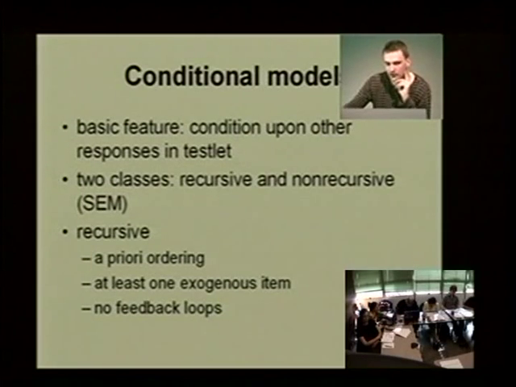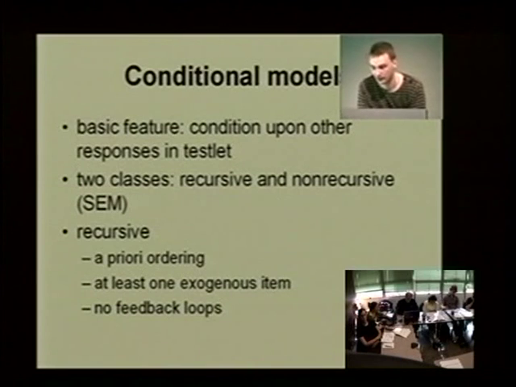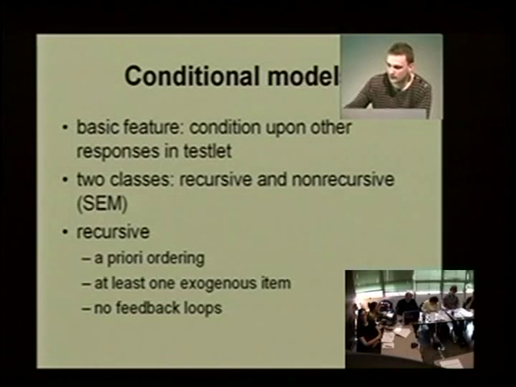So first, the recursive models. In the recursive models, you assume there is a kind of a priori ordering. For instance, if you think that there is learning in the test, and you start with item 1 and then go to item 2 and then to item 3, there is a kind of ordering that is present. The recursive models demand that there is at least one exogenous item, so at least one item for which you do not condition upon the responses of the other items, and that there are no feedback loops in the model.